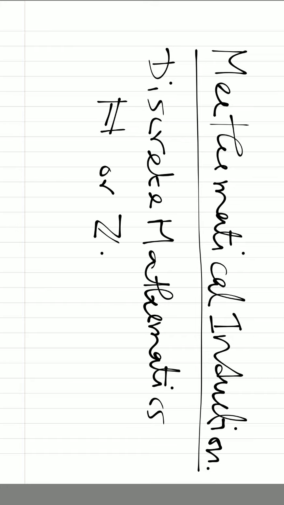So this mathematical induction basically is a tool.